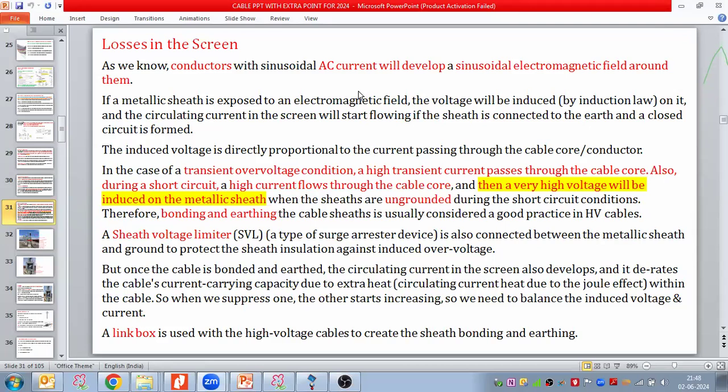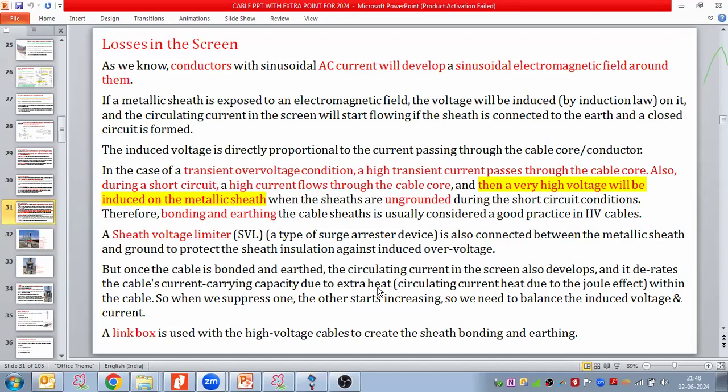I'll come to that, Joseph. Hold on. Once the cable is bonded and earthed, the circulating current in the screen also develops, and this circulating current derates the cable current carrying capacity due to the extra heat.